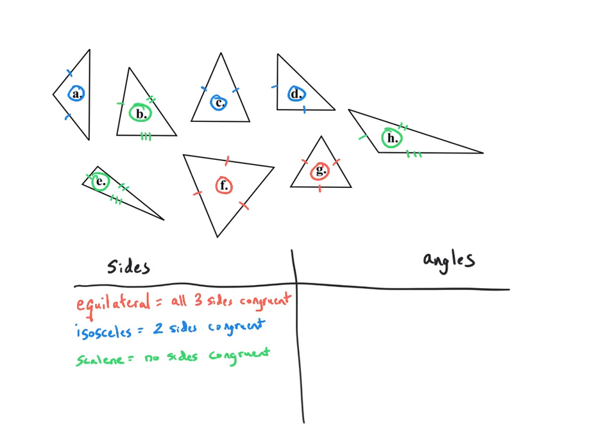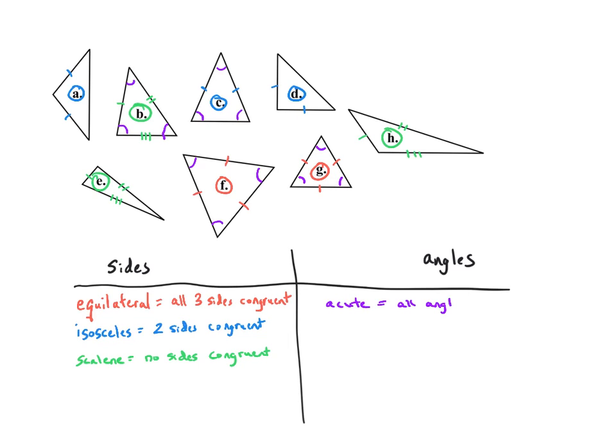And of course, all triangles have three angles in them, but we can look at those angles and look at the kinds of angles that they have. If a triangle has only acute angles, so for example, like triangle C here, and triangle F, and triangle B, and triangle G, they have only acute angles, we call it an acute triangle.